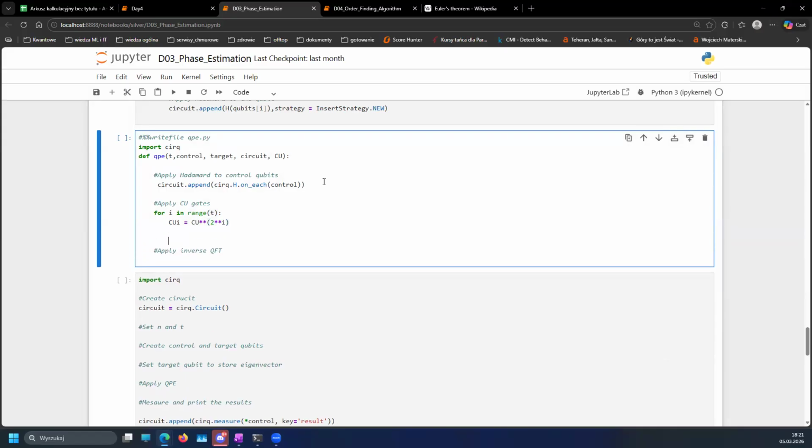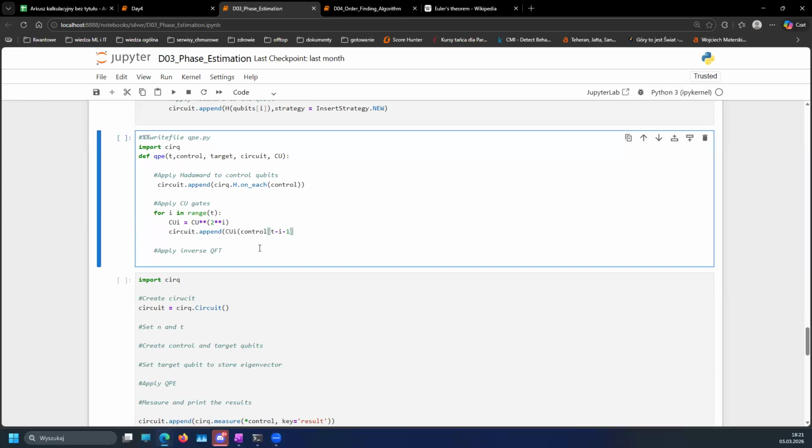Okay, and then we need to apply this gate that we just created. So circuit append, and we want to apply this gate. And then here we need to first of all define the control qubit, and this time it will be only one control qubit. So it will be from the control register, which I just wrote, and then we need to specify which qubit, and it will be t minus i minus 1.